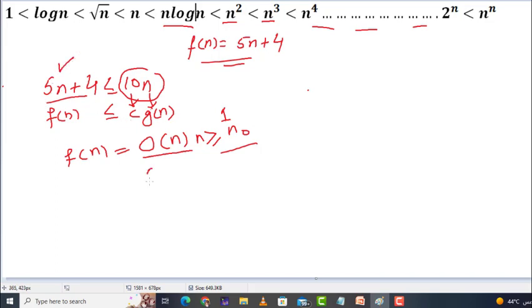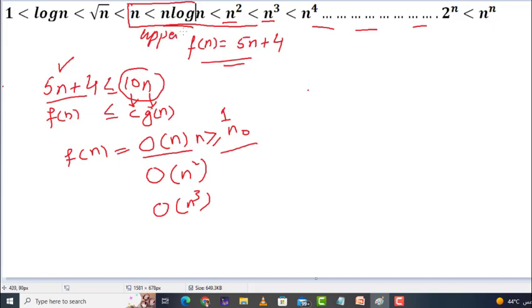If I am using n square, I can write big O of n square. If I use n cube, I can write big O of n cube, and so on. All these functions belong to the upper bound class.